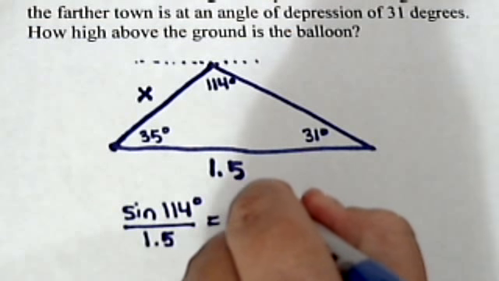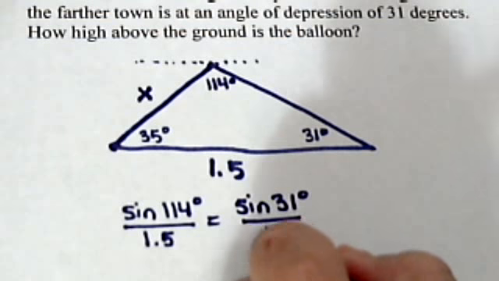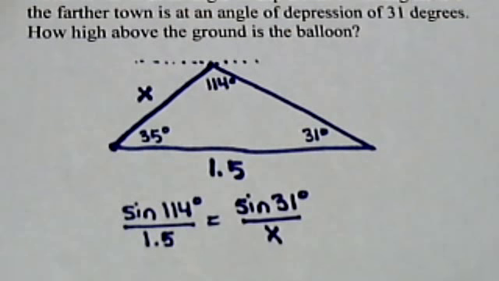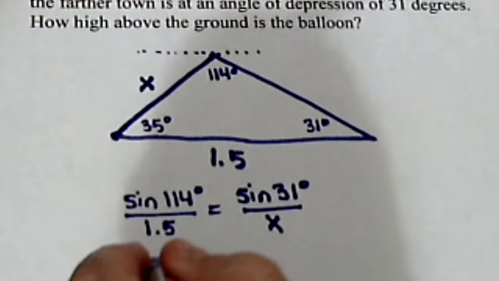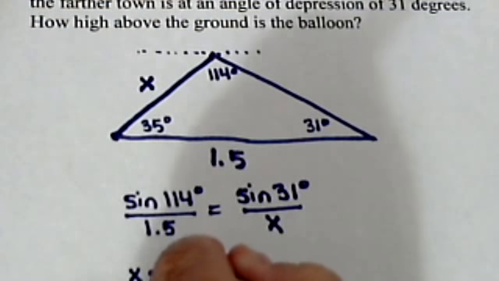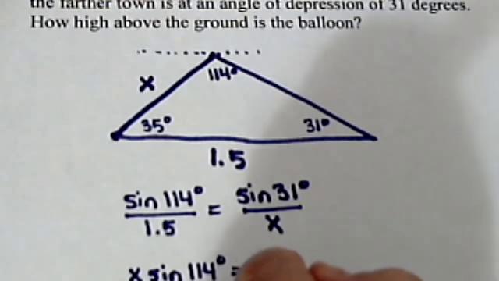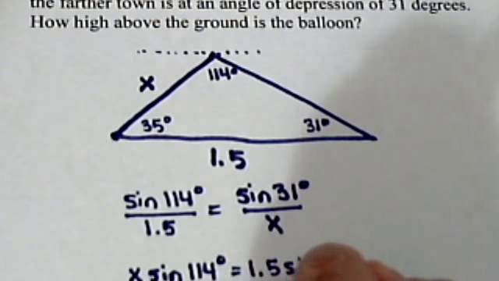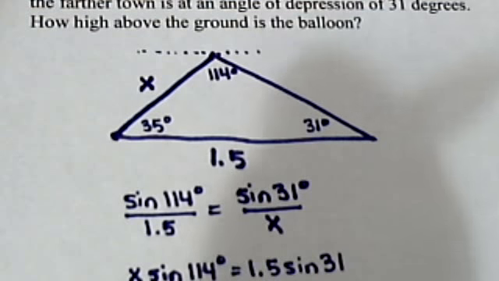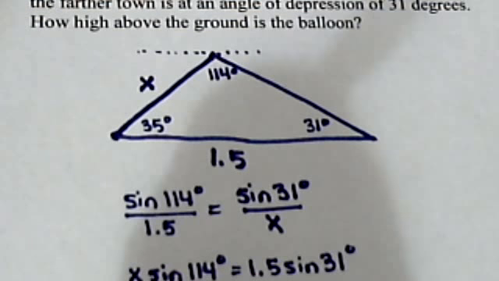Sine 31 degrees over x. Okay. So if we cross multiply, we have x times sine 114 equals 1.5 sine of 31. So let's see, sine of 114 is about 0.914.